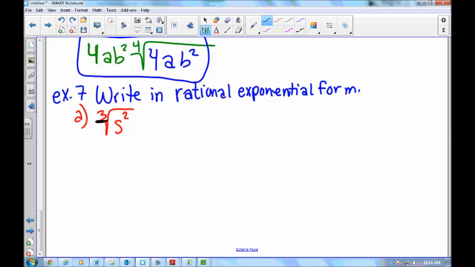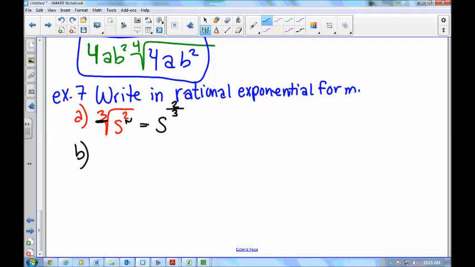That would be s. It's still squared, but the 3 becomes the denominator. Okay? So any exponents underneath here are the numerators. Okay? Let me show you another one.